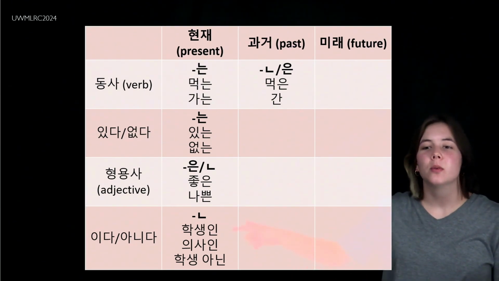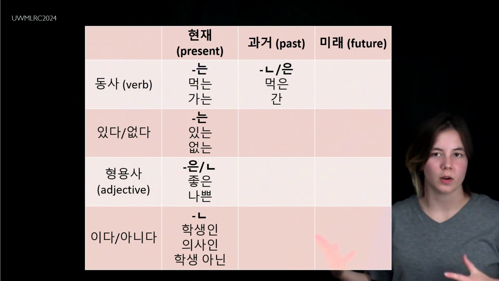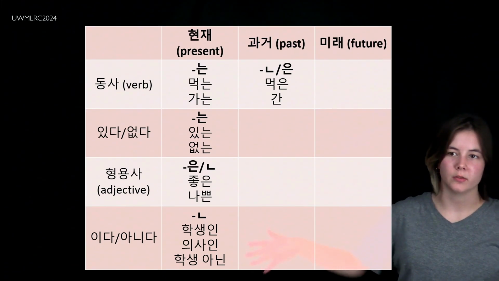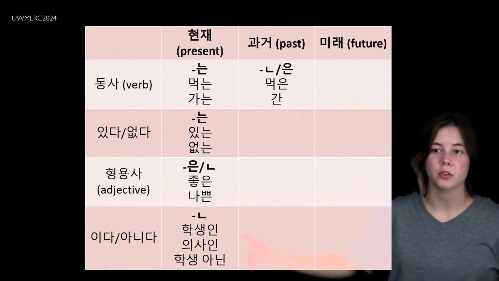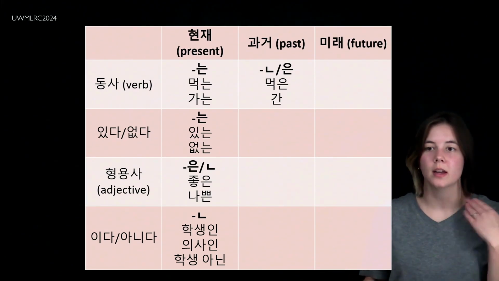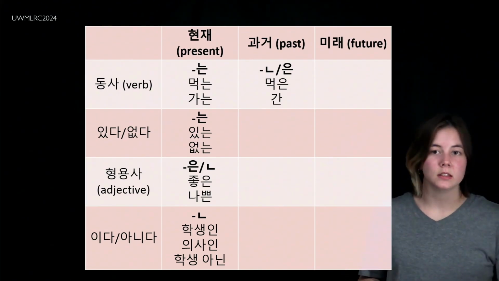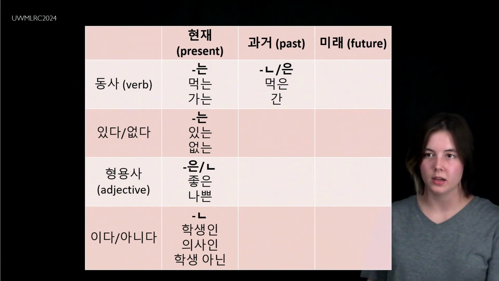So, you also have 이다, 아니다. 이다, 아니다 tends to not be that well covered in like grammar books and things, so this is your reference for that. So if it's a noun, no matter if it ends consonant, vowel, you just add 인 to it. So 학생인, 의사인, 학생 아닌, this is a form that you're going to use for modifying forms with nouns.